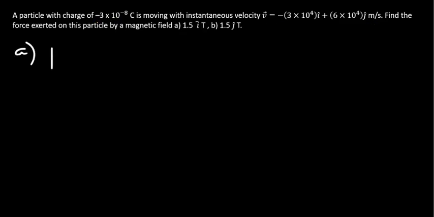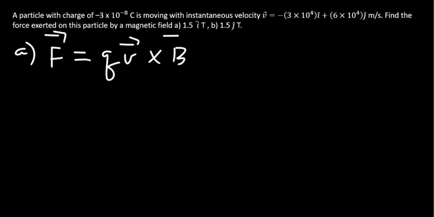So we know that the magnetic force is given by a cross product, like that. So let's put in the information required for this cross product. q is the charge. Note, this is a negative charge, minus 3 times 10 to the power minus 8 coulomb. Now we can try to evaluate this cross product in determinant form.